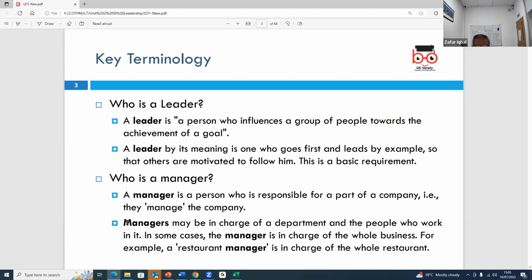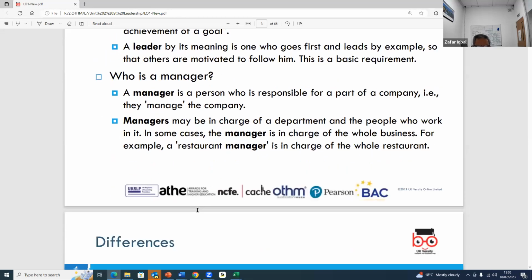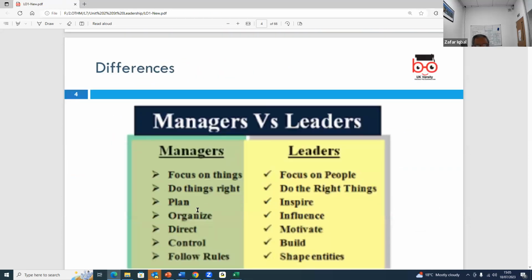In some cases, a manager can be in charge of a unit, or in charge of the whole business. For example, a marketing manager, or a manager for the whole restaurant or hotel. So a manager is basically a person who is responsible to do particular things for and manage the company.